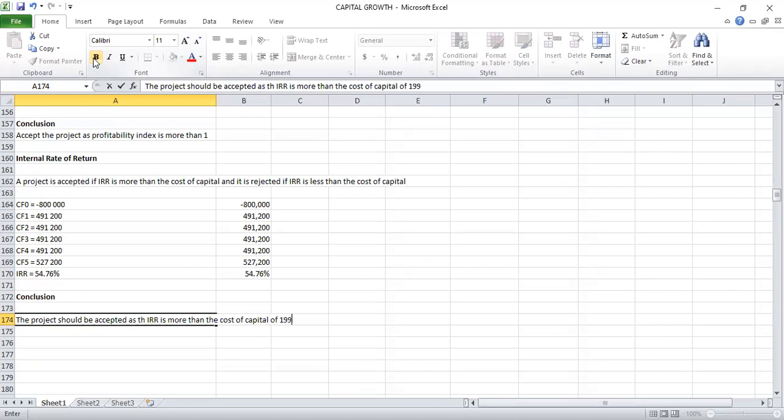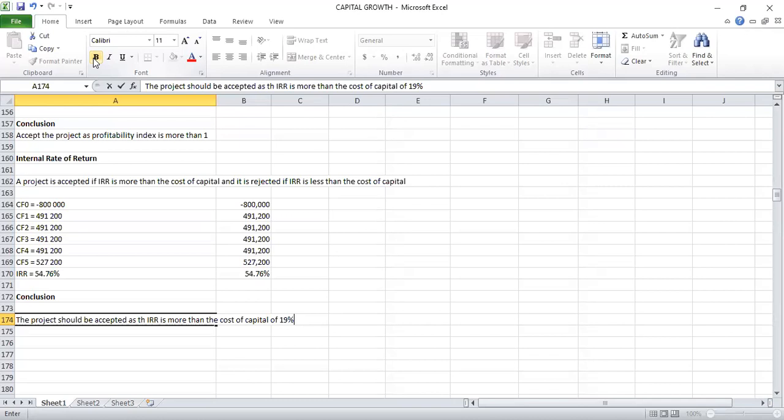So you'd find that if you are just considering one project, the conclusion that you get on NPV will be the same as the conclusion on profitability index, and also as the conclusion from the IRR. Because when a project has got a positive NPV, it will also have a profitability index of more than 1, and an IRR which is more than the cost of capital.